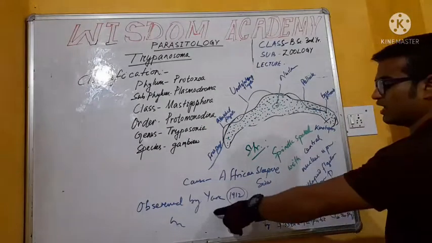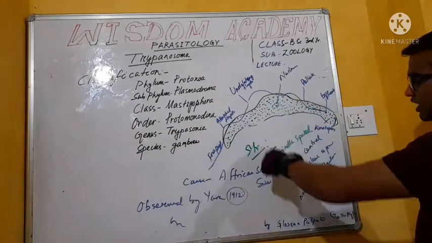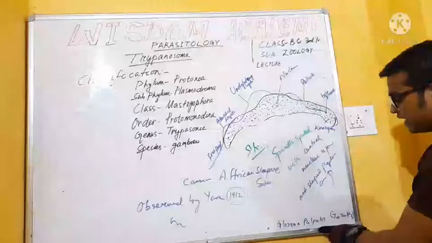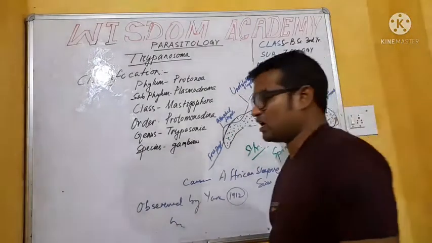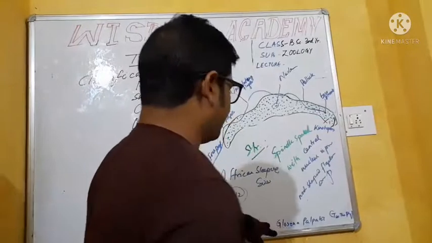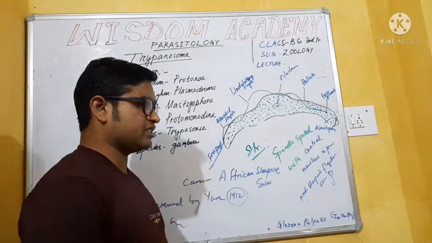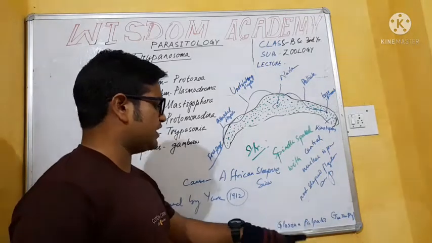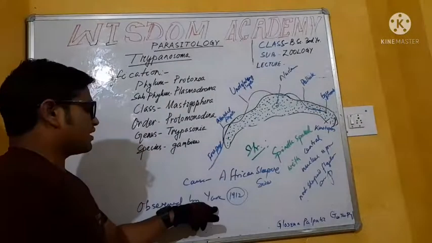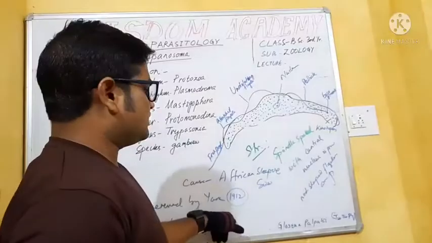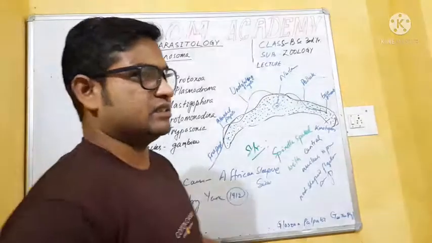First, York in 1912 observed the Trypanosoma in Glossina palpalis. Glossina palpalis is a tsetse fly. It is a fly, the tsetse fly, that is known as Glossina palpalis. The scientific name of the tsetse fly is Glossina palpalis.